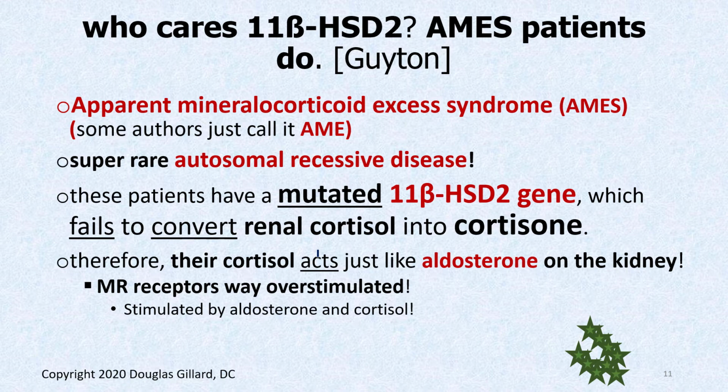These patients have a mutated gene for 11-beta HSD2, and therefore when cortisol comes near the principal cell, tries to go after the MR receptor, it's not converted into cortisone, and it stays alive and it can bind to the principal cells. And therefore you have a situation where you basically have hyperaldosteronism, and we've already discussed that.